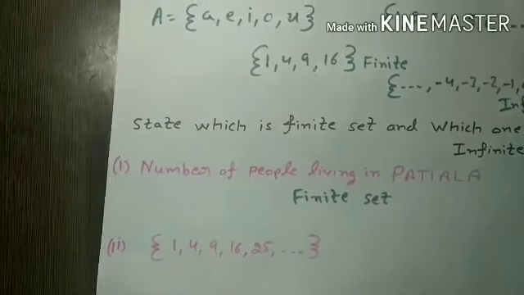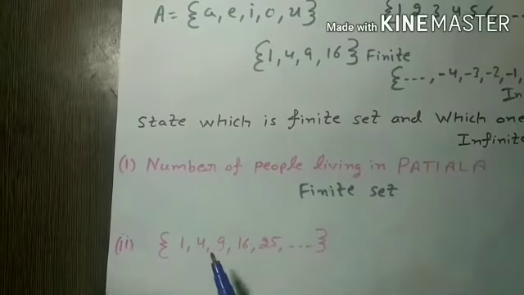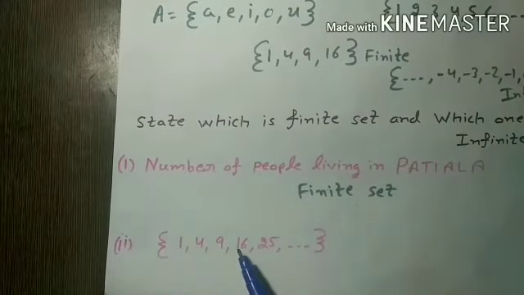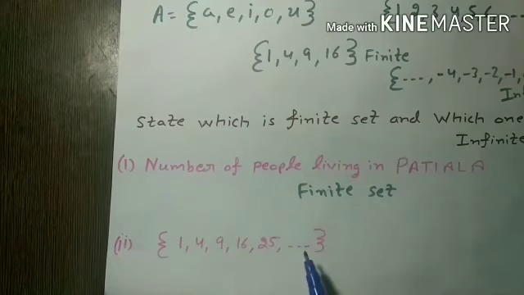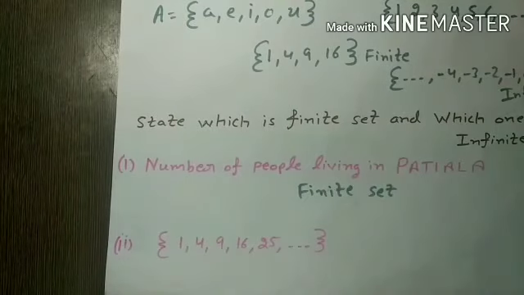Now you can see the second example: 1, 4, 9, 16, 25 and so on. Anywhere you see the symbol "and so on", it means the counting is not coming to an end.